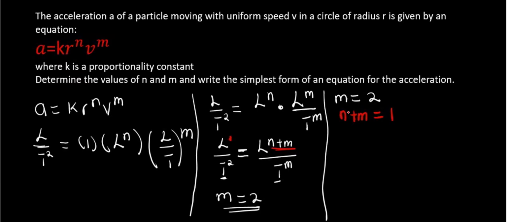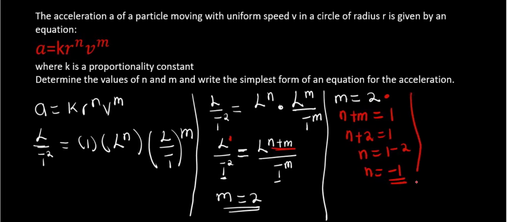What was our m? Our m was 2. So n plus 2 equals 1, then n equals 1 minus 2. n is equal to negative 1.